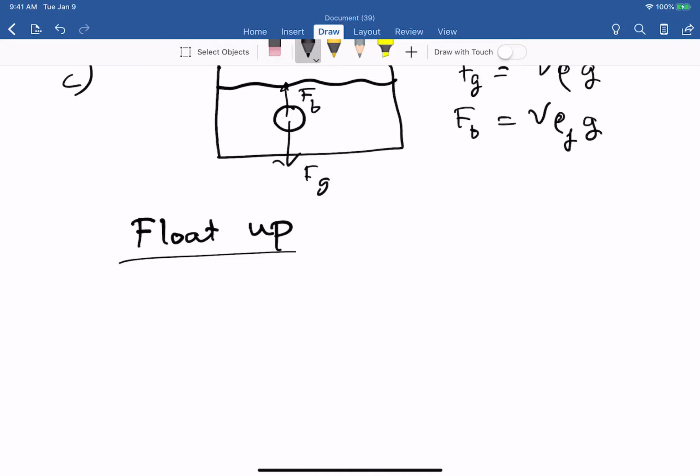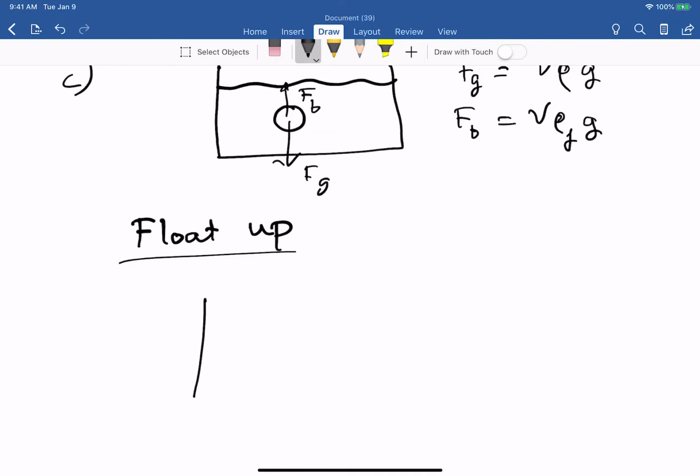The buoyant force only applies to the part that's submerged. So the moment it starts poking out of the water, the buoyant force will start going down. At one point, it will stick out of the water enough that the buoyant force has reduced and gone down to what its weight was.